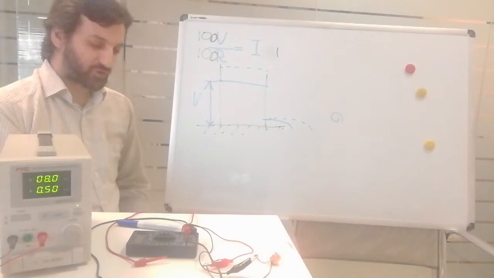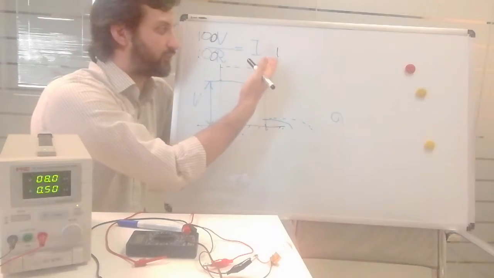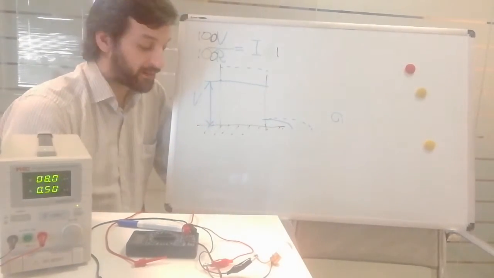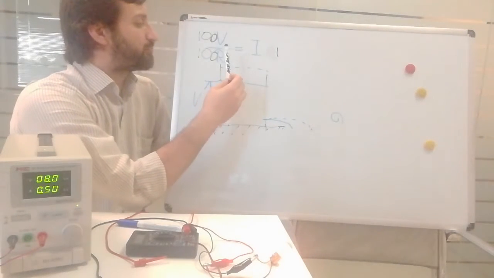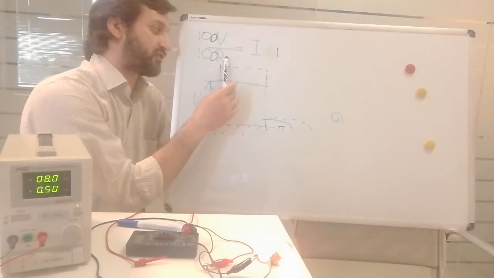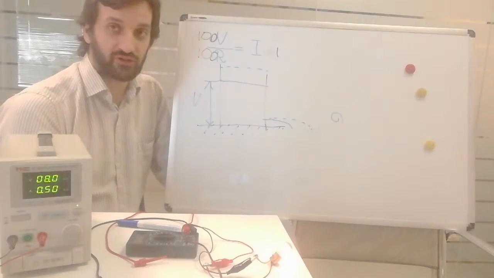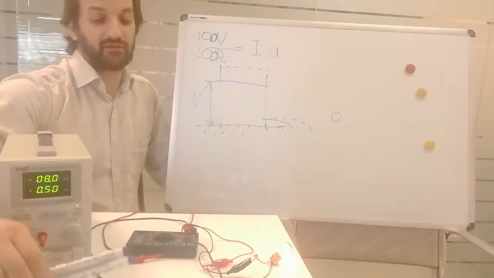That is an important concept. If you want a flow of 1 amp, or a flow of 1 coulomb per second, you could have a big resistance with a big voltage, or a small resistance with a small voltage. That's very important.